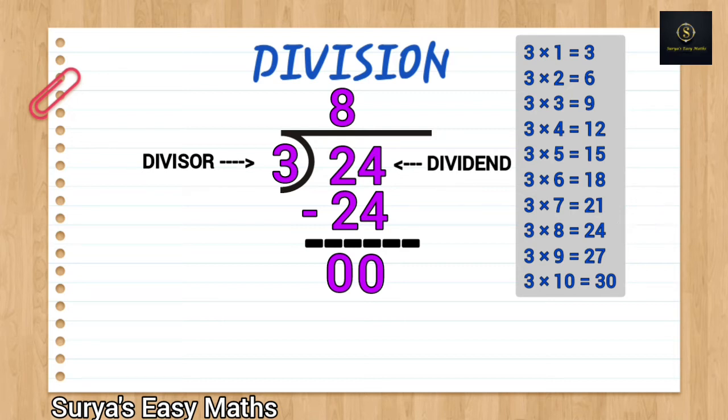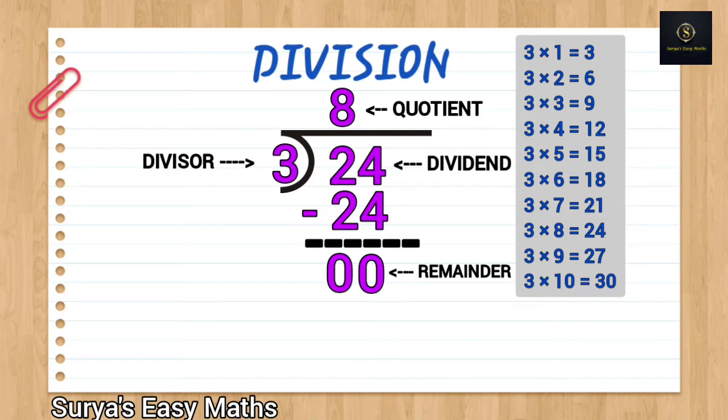Observe carefully now with me. Here the divisor is 3, the dividend is 24, the remainder is 0, and the answer, which is known as the quotient, is 8. Yes children, so our answer is 8.